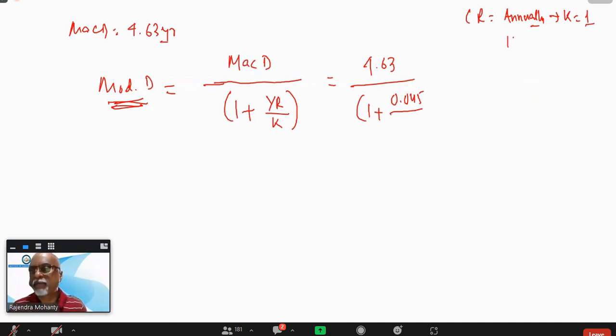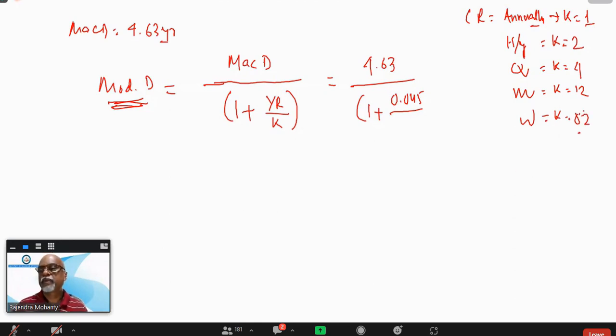If it is semi-annually or half-yearly, K becomes 2. If it is quarterly, K becomes 4. If it is monthly, K becomes 12. If it is weekly, K becomes 52. So K is decided on the frequency of the coupon payable. So here it is 1.